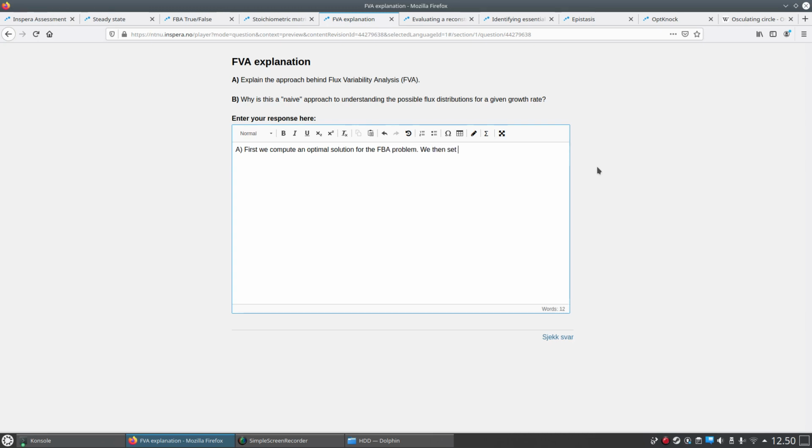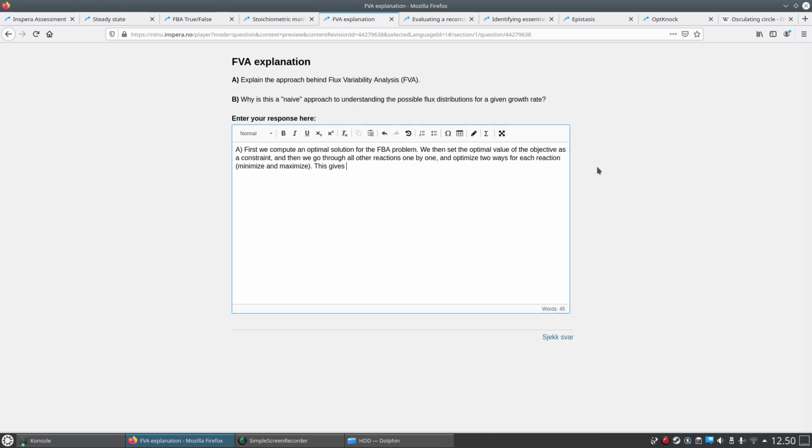We then set the optimal value of the objective as a constraint, and then we go through all other reactions one by one and optimize two ways for each reaction, which is minimize and maximize.